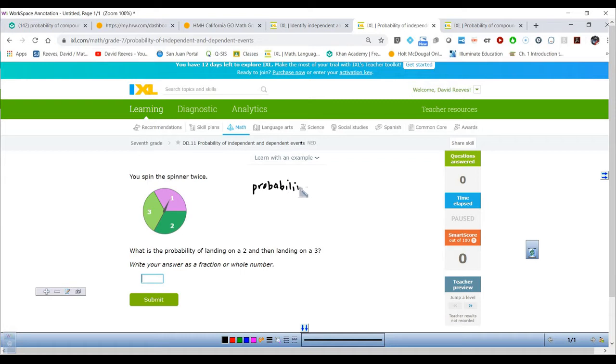The probability. So probability is the number of favorable outcomes over the total number of outcomes.